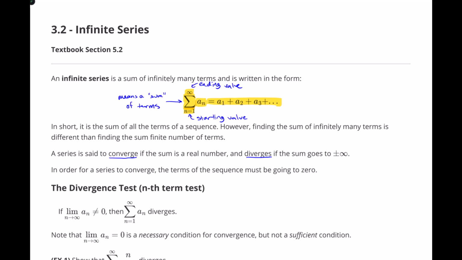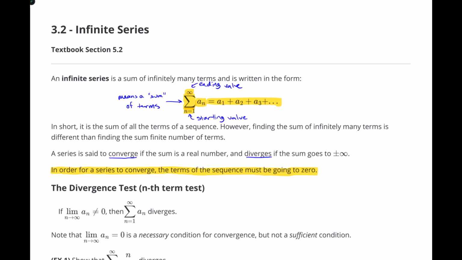Now, one thing that has to be true is that in order for a series to converge, the terms of the sequence must be going to 0. And you want to make sure you really separate the ideas of what is a sequence versus what is a series, because if you start mixing up those ideas in your head, then a lot of the questions, which are supposed to be different, might start looking the same.